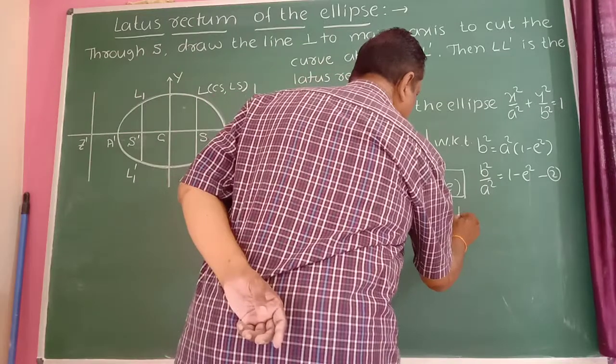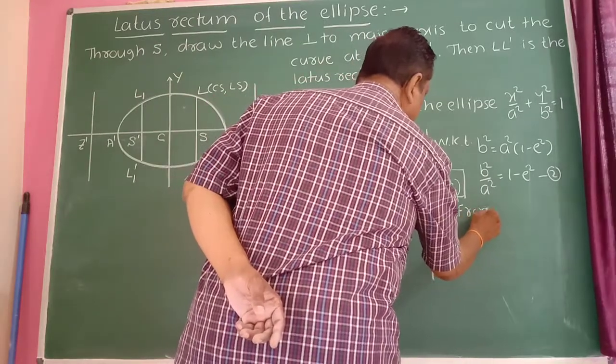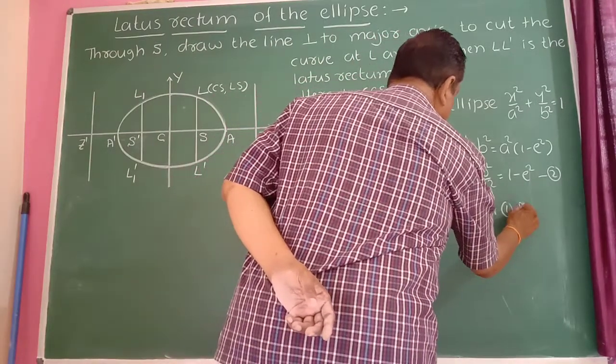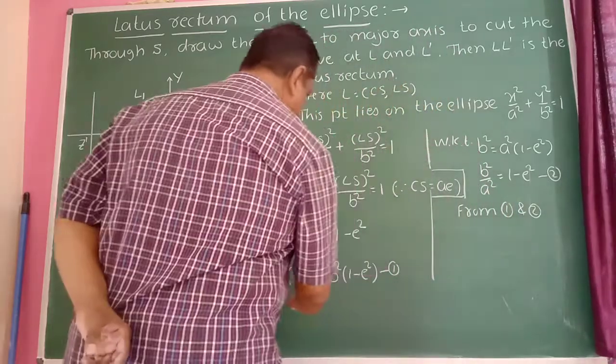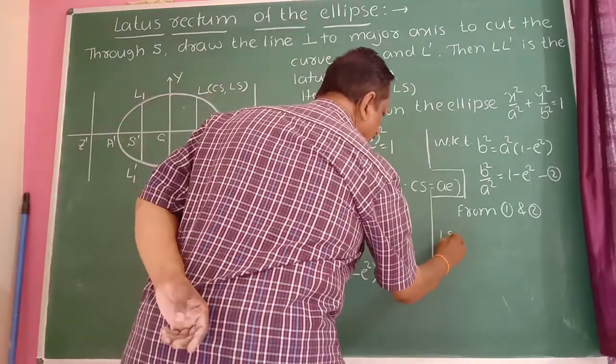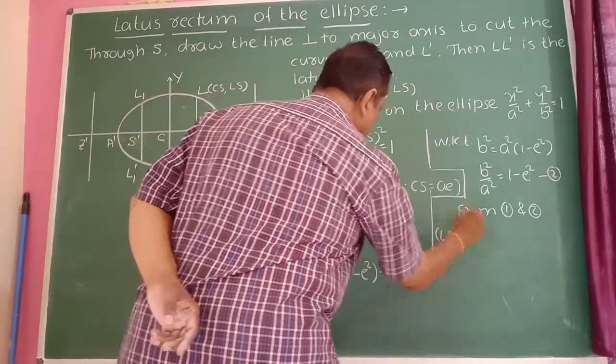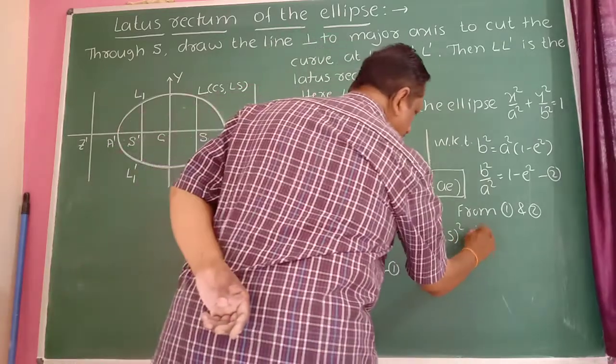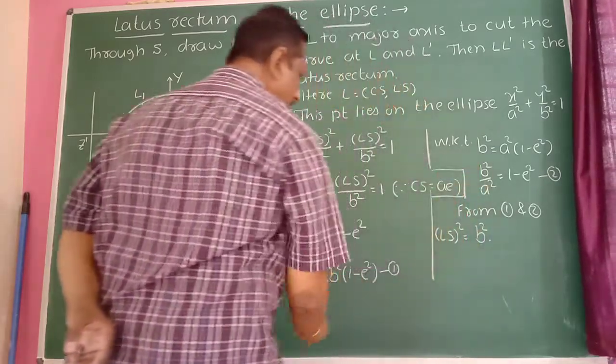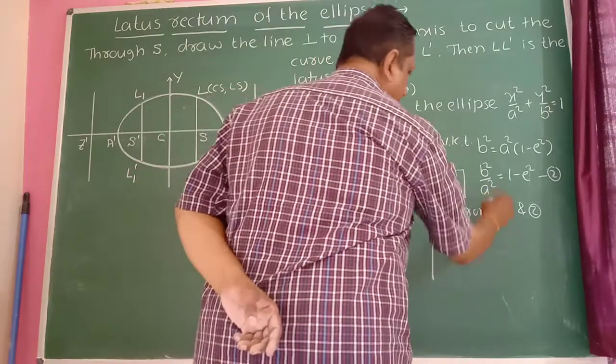Therefore, from 1 and 2, LS square is equal to b square into 1 minus e square, which is b square by a square.